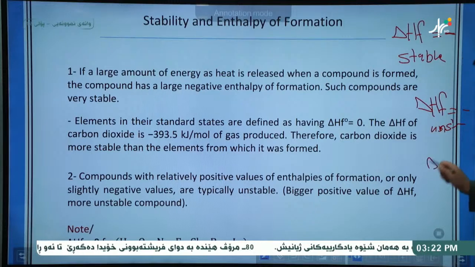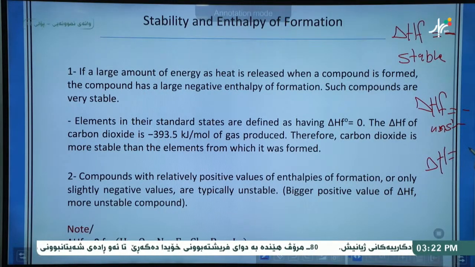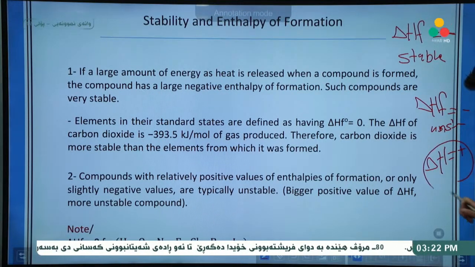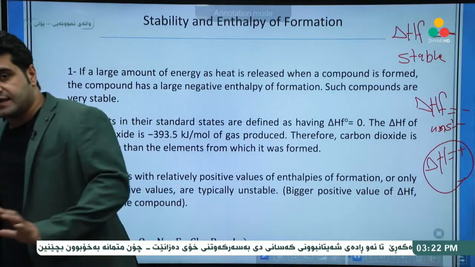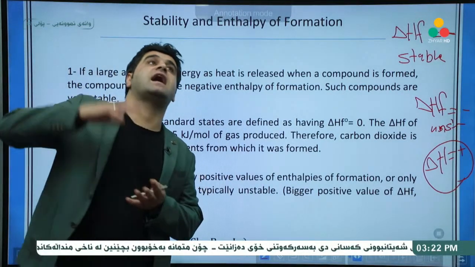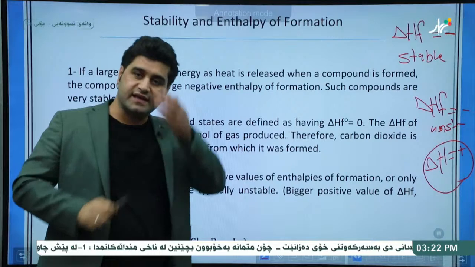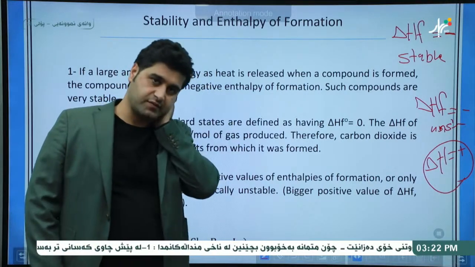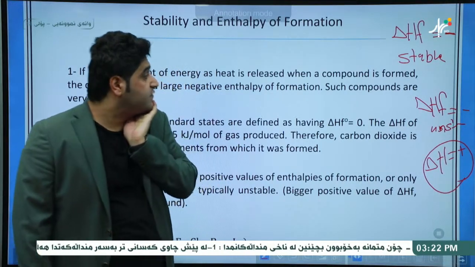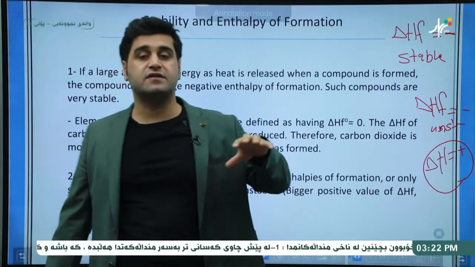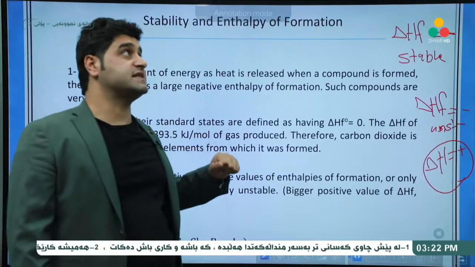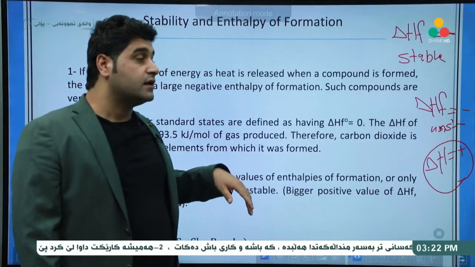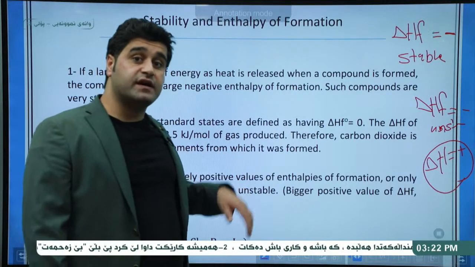But what about if delta HF is positive? Well, it's super unstable, super reactive. Concisely, if we have a large negative value, the compound is very stable. If delta HF is a small negative value, the compound is unstable. Zero is unstable, and positive is very unstable.